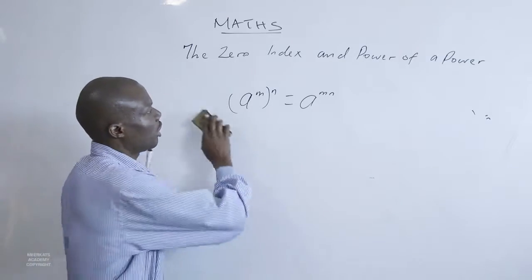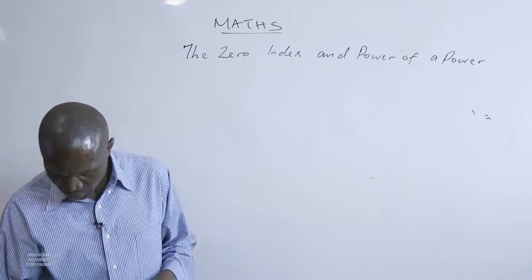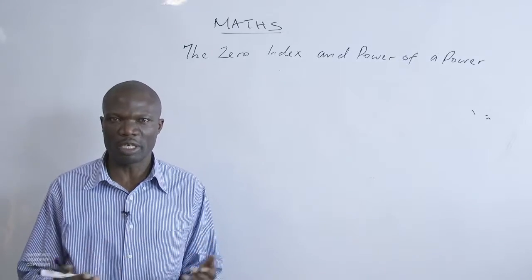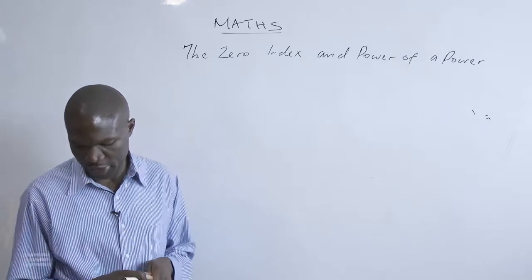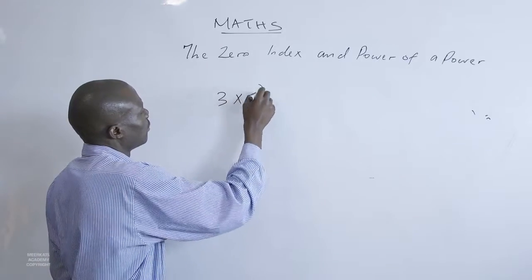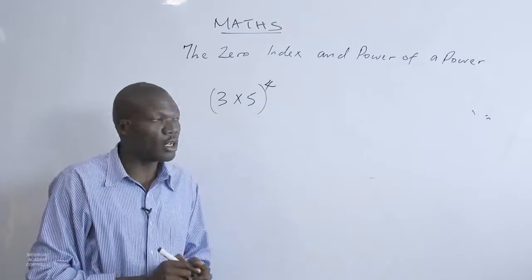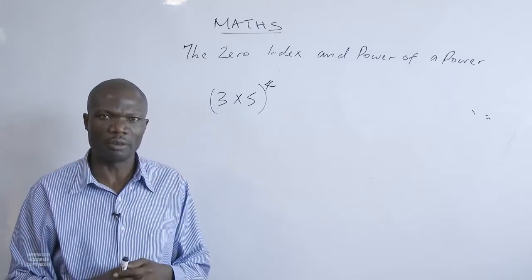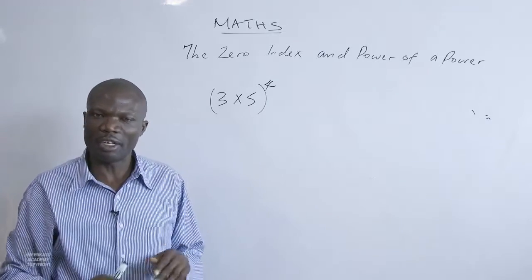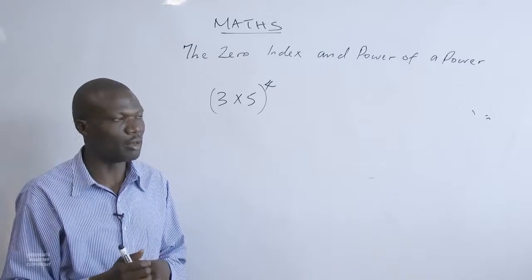We also need to know that expressions involving powers can be expanded. Let us see here. Now, this is what we have: 3 times 5, closing the bracket, with 4 outside the bracket.